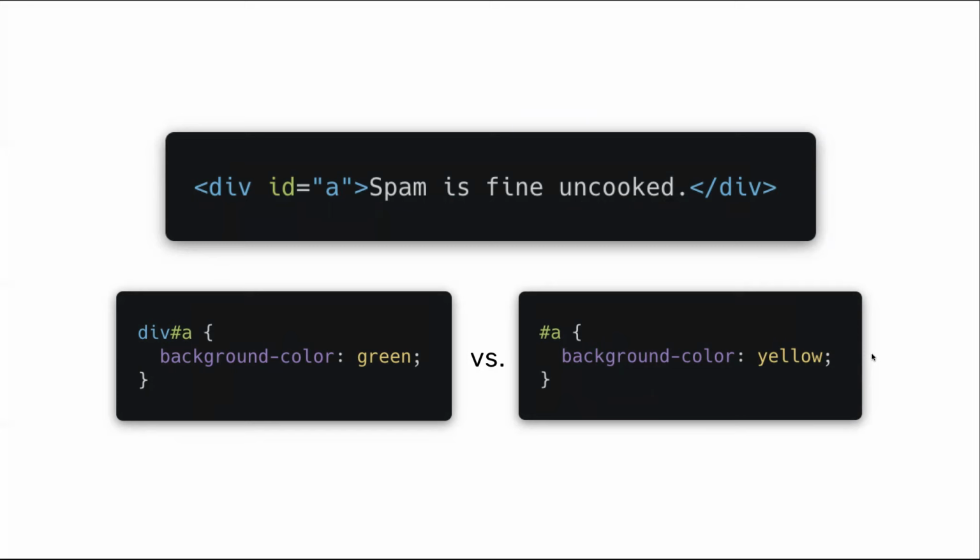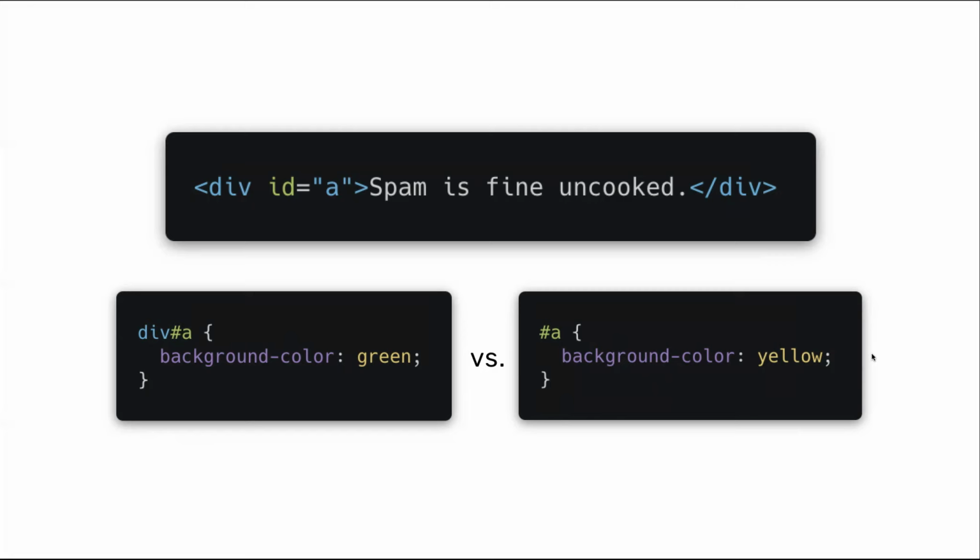On the left-hand side, there's a selector that's choosing all divs with the ID A. And on the right-hand side, we have a selector that is just choosing the one singular div that has an ID A, only by specifying its ID. In this scenario, feel free to drop it in the chat which one you think wins while I'm explaining this, if you want to.